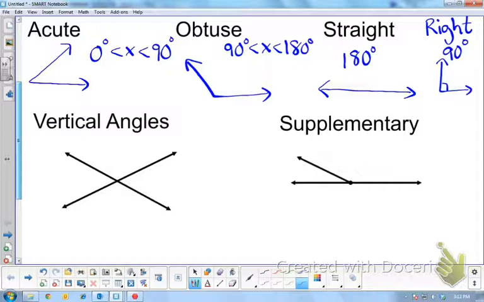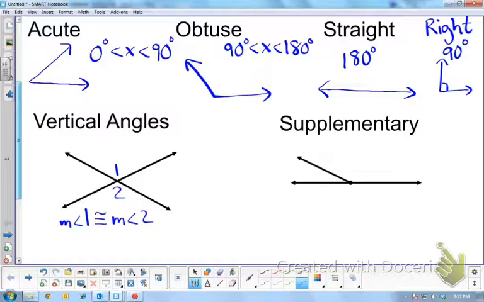So if I label this top angle, angle 1, and I label this bottom angle, angle 2, then the measure of angle 1 is congruent to the measure of angle 2. That's a very fancy way of saying those are the same angle.